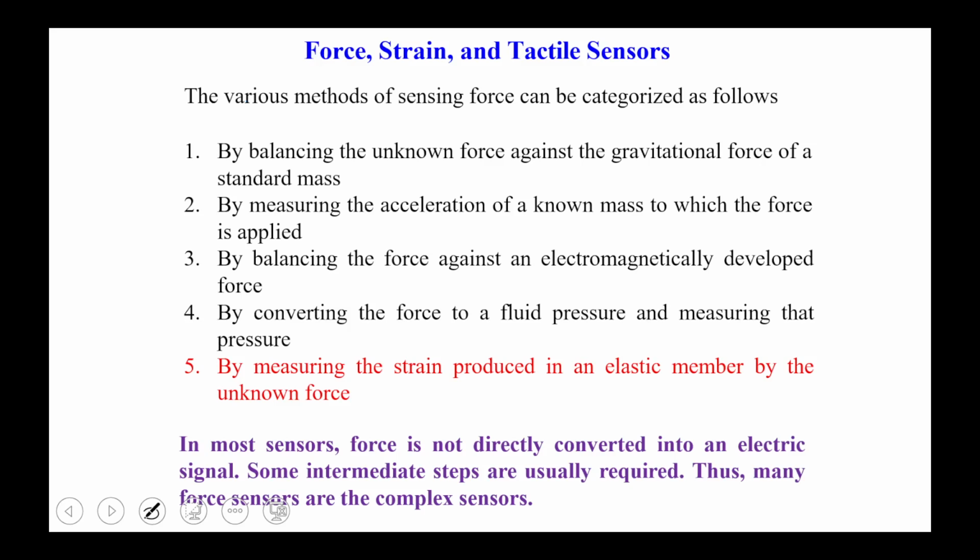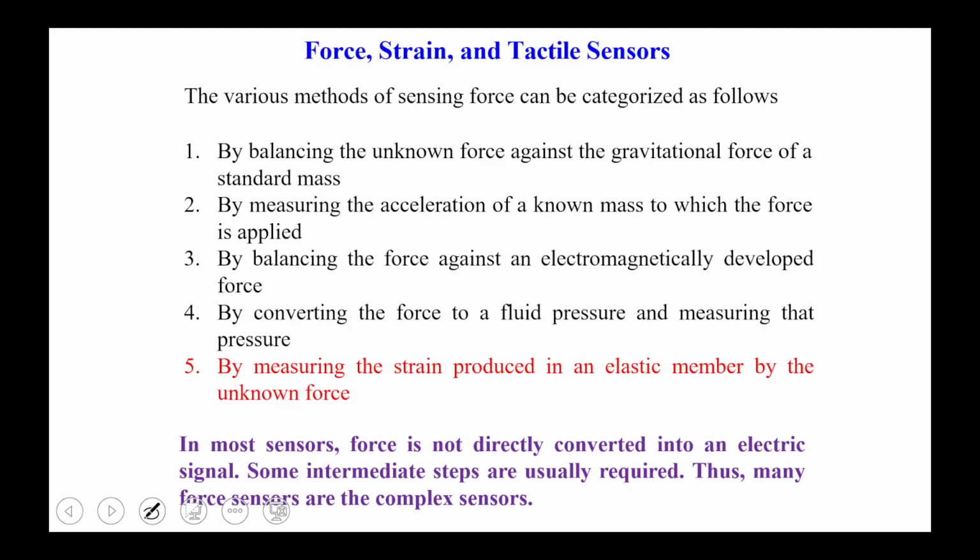Now, these are some sensors, such as force, strain and tactile sensors. The various methods of sensing force can be characterized as: balancing the unknown force against the gravitational force of a standard mass; measuring the acceleration of the unknown mass to which the force is applied; balancing the force against an electromagnetically developed force; converting the force to fluid pressure and measuring that pressure; or measuring the strain produced in an elastic member, using the Young modulus.